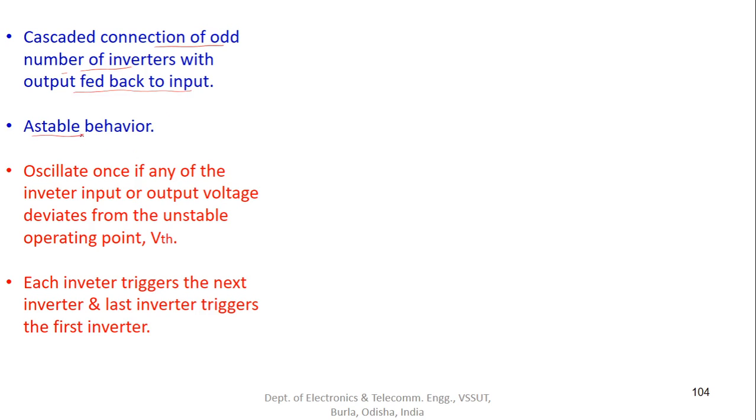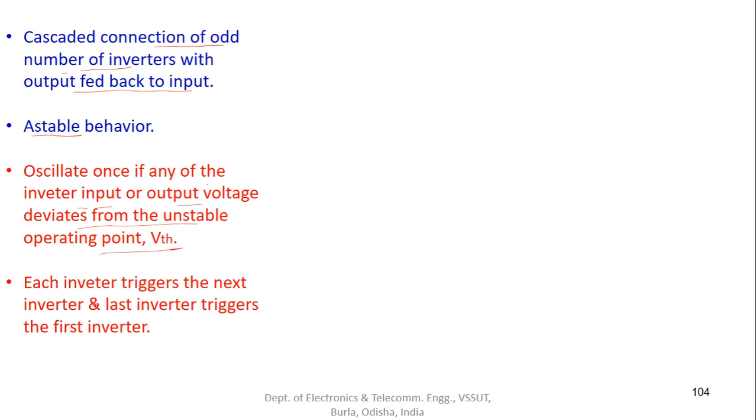The behavior is astable, that is, no node is stable at any time, they keep on changing their values. And this will oscillate once any of the inverter input or output voltage deviates from the unstable operating point, that is VTH, and this VTH is the threshold voltage level for the inverter. Remember, this is different from the threshold voltage of the devices.